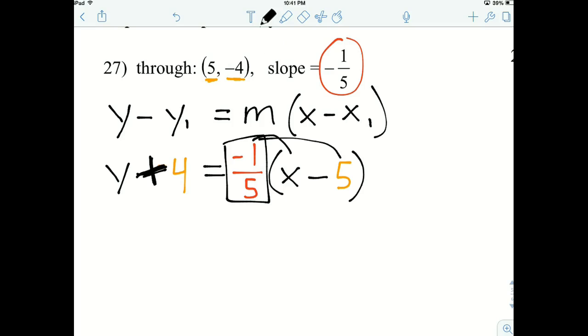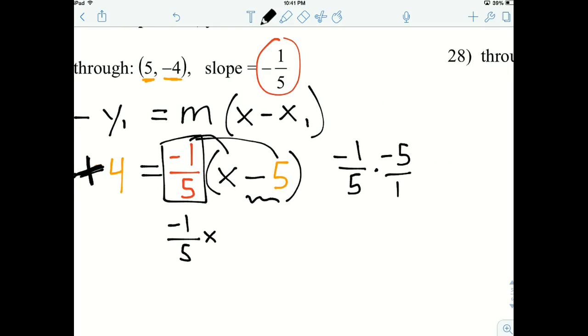We're going to have negative 1/5 times x, which is simply going to be negative 1/5 x. We also have negative 1/5 times negative 5, this part right here. When we do that, you can either type that in a calculator or think through this one here. Negative 1/5 times negative 5, and we could write that as negative 5 over 1.